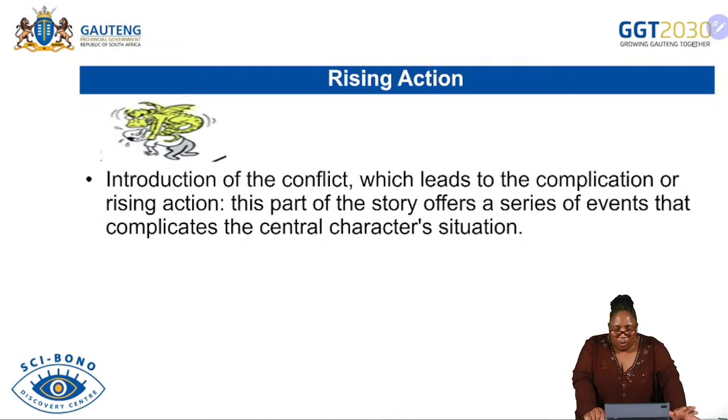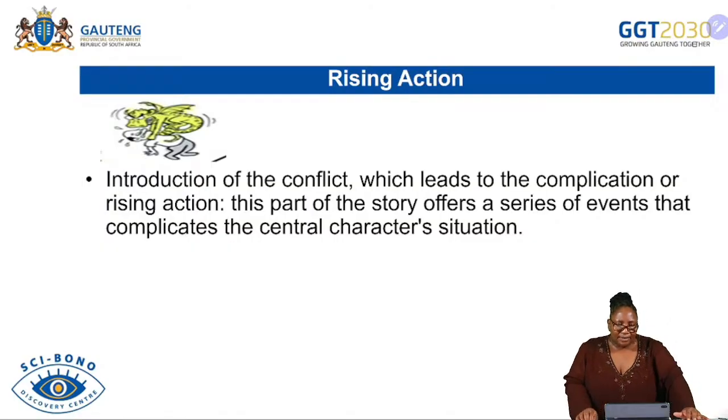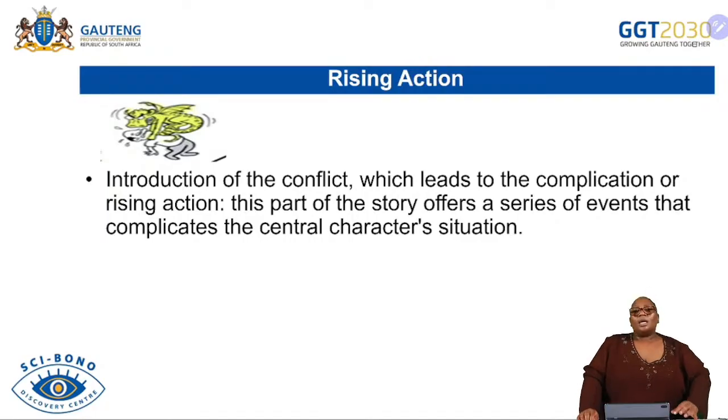You are now introduced to conflict, which leads to the complication or the rising action. This part of the story offers a series of events that complicates the central character's situation. Let's take an example of Cry the Beloved Country. We have Mr. Khumalo seated at home.